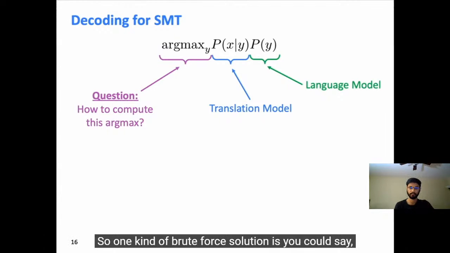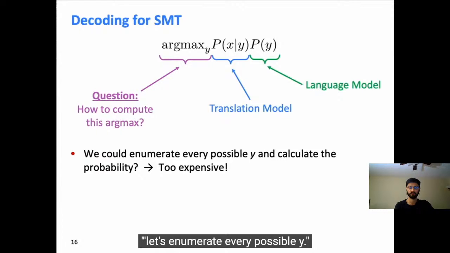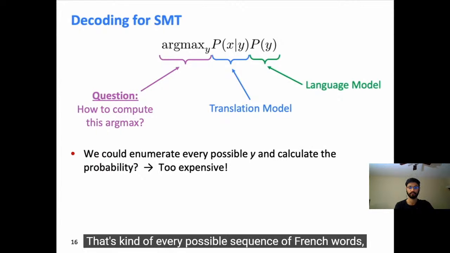So one kind of brute force solution is you could say, let's enumerate every possible y, that's every possible sequence of French words, maybe up to some length, and we'll calculate this probability for all of them. And it should be pretty clear that that's just a no-go. That's way too expensive, and we're not going to be able to get anywhere with that.